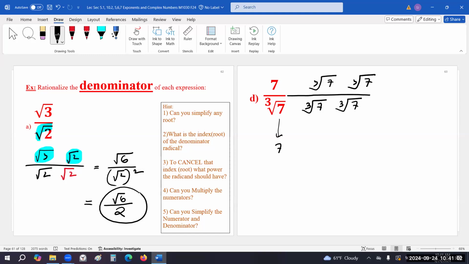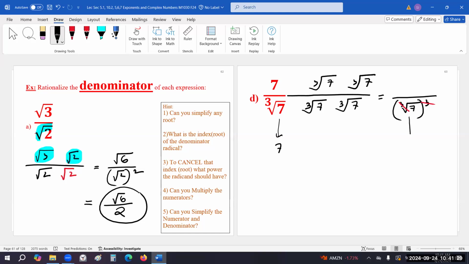Because the cube root means we want the same thing 3 times. 1 time is given, we multiply extra 2 more times, total we have 3 times. So cube root and cube power cancel out.